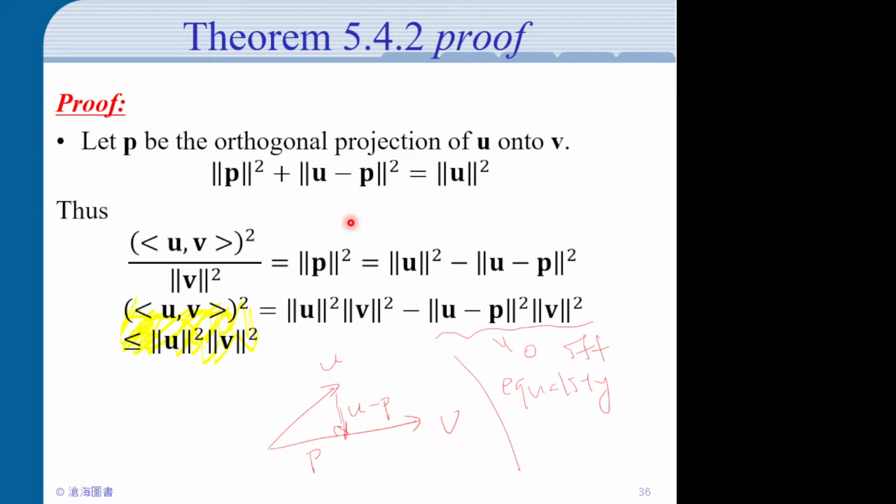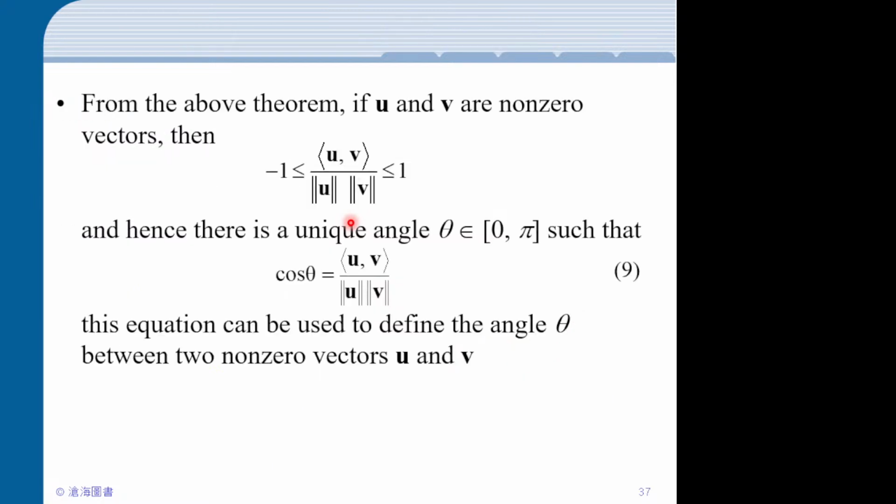And since we have Cauchy-Schwarz, just like when we were in Rn, we can now define the angle theta between two vectors.